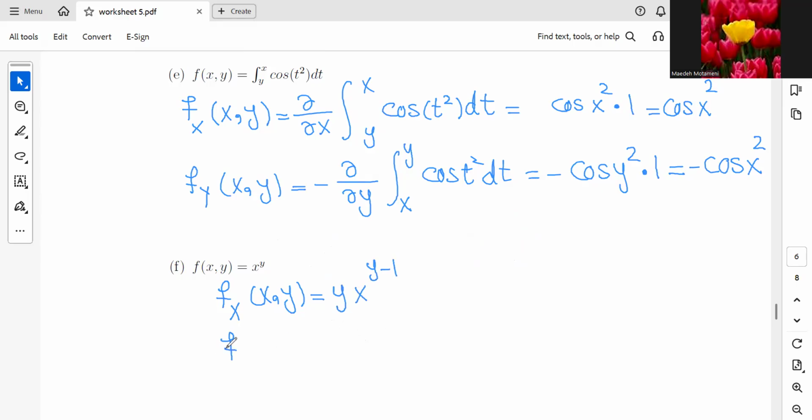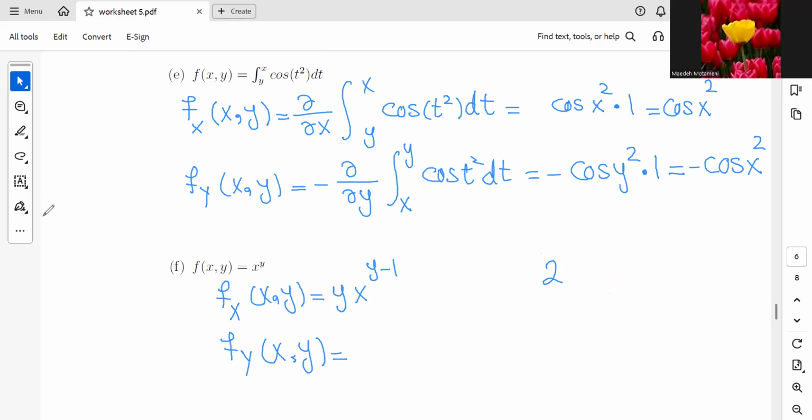But when you're finding f with respect to y of the same formula, the same expression here, that means the same as if you're finding the derivative of 2 to the power x or 5 to the power x, because in this case, x is a number and the power is a variable.